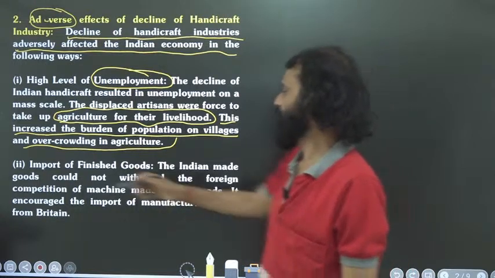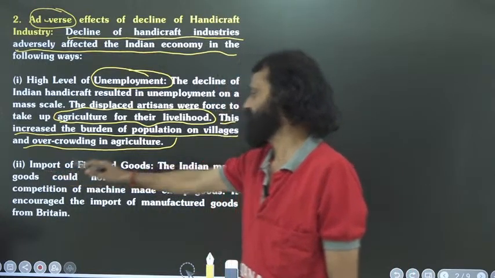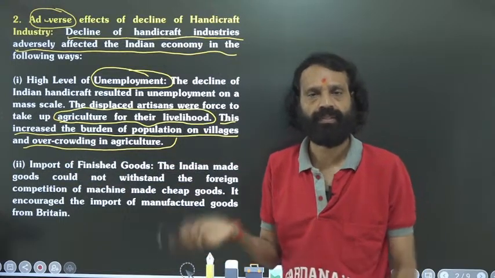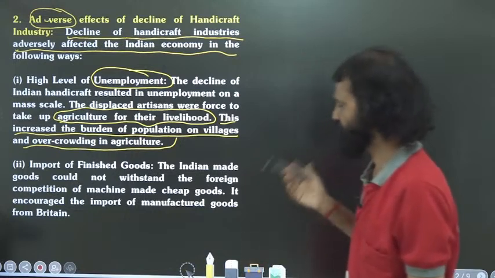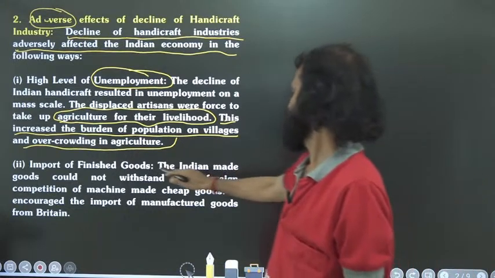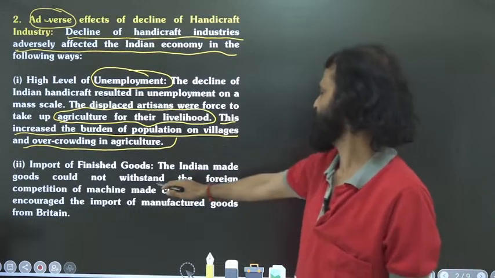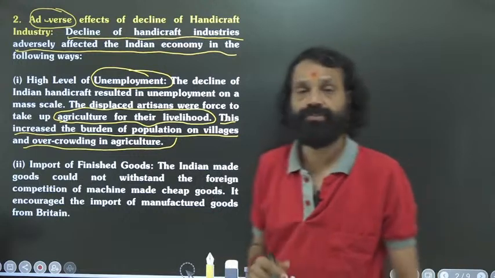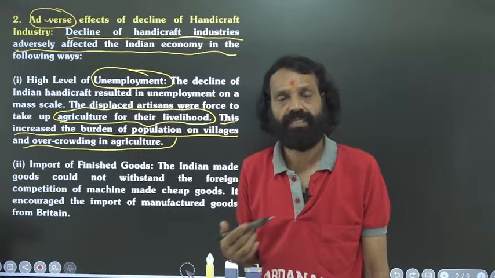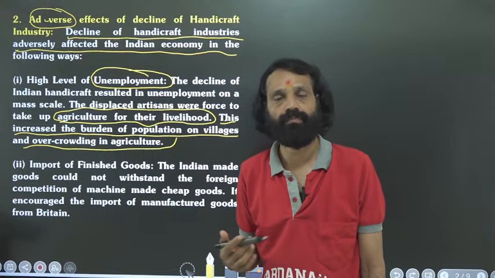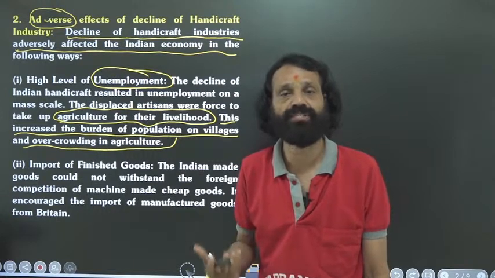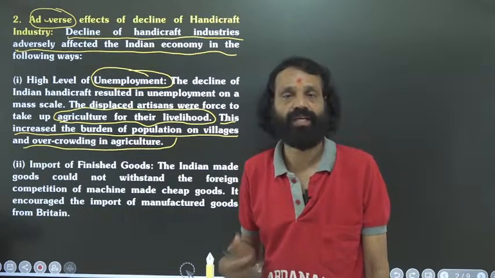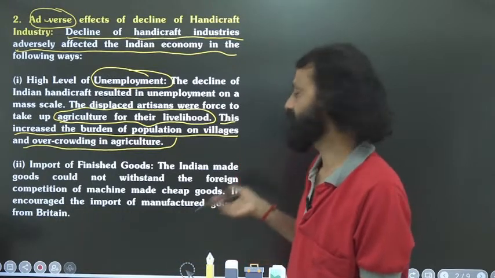Import of finished goods. What happened? More finished goods came from Britain. The Indian made goods could not withstand the foreign competition of machine made cheap goods. Britain made new varieties of finished goods with high quality that came to the Indian market.